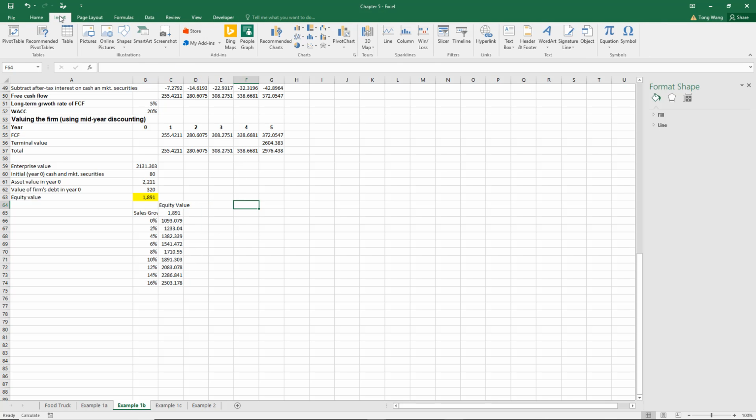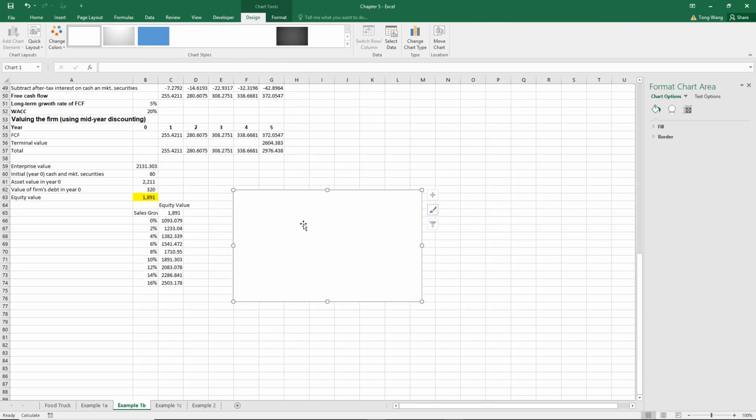So now if I insert a figure here, I guess I shouldn't.